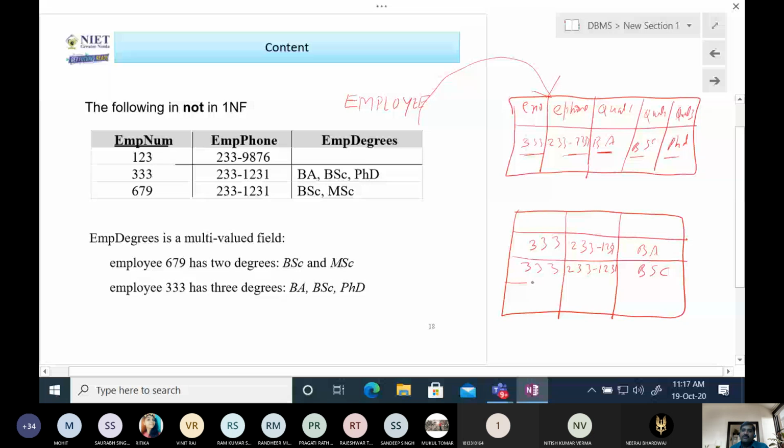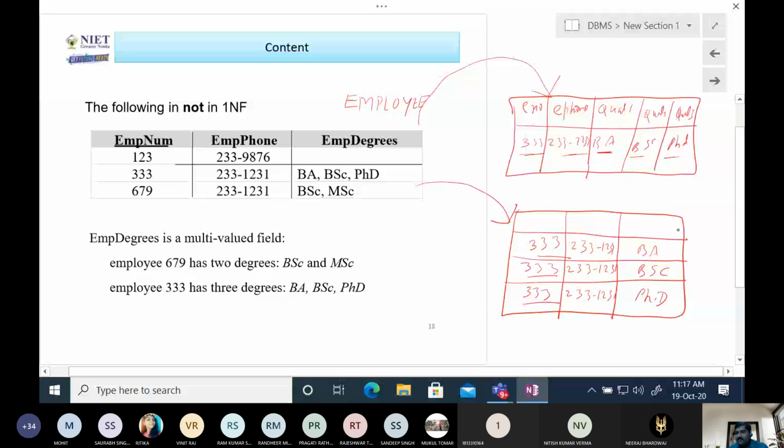In this way we can also convert this table into first normal form, but here there occurs redundancy, a repetition of the information. Our objective is to keep one fact at one place, but here we keep one fact at multiple places.